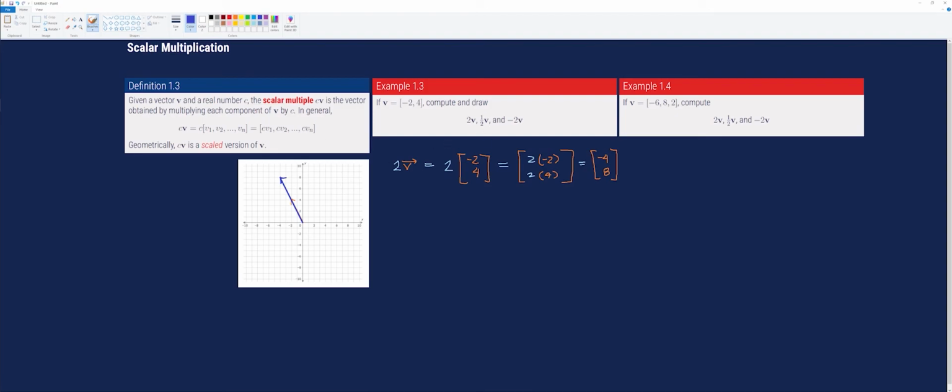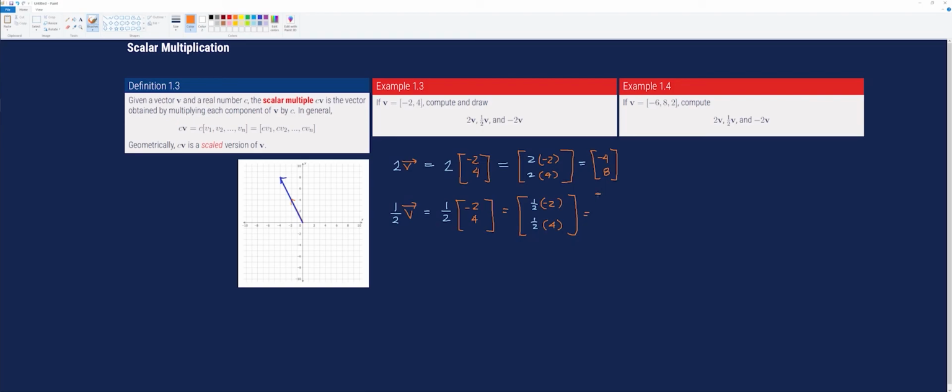Now if we perform the next operation, that is 1/2 times v, that is equivalent to 1/2 times the vector -2, 4. So we will multiply each component by 1/2. The first component is -2, and the second component is 4.